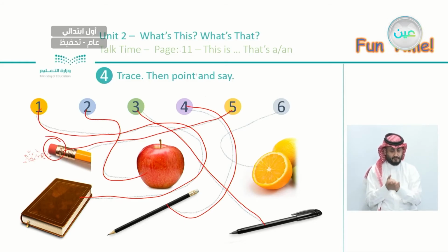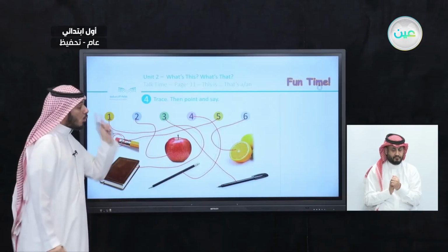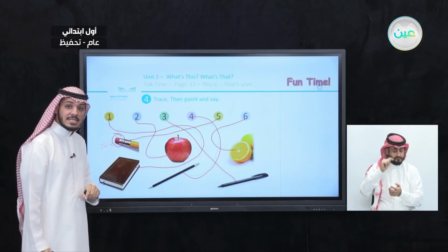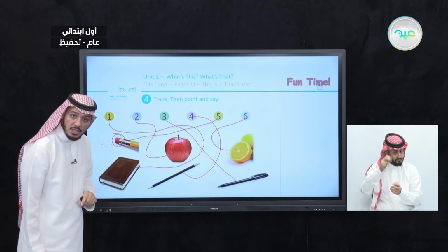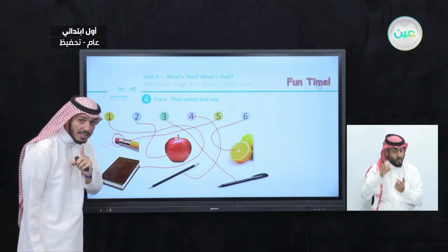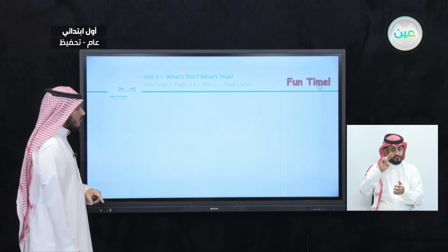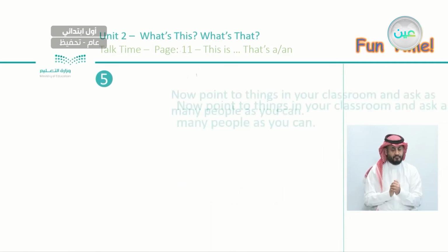It's an eraser. Excellent. Number 6. So this is number 6. What's that? It's an orange. Excellent. An orange. Excellent.